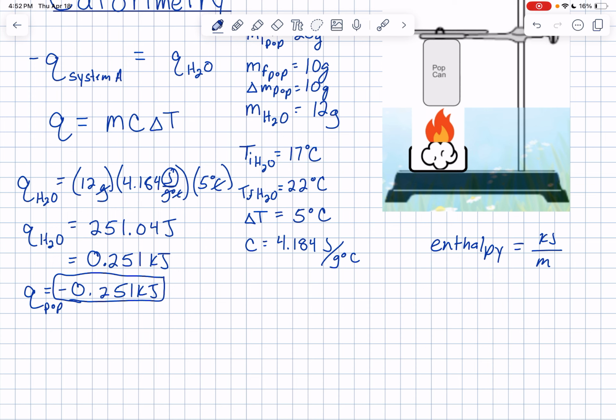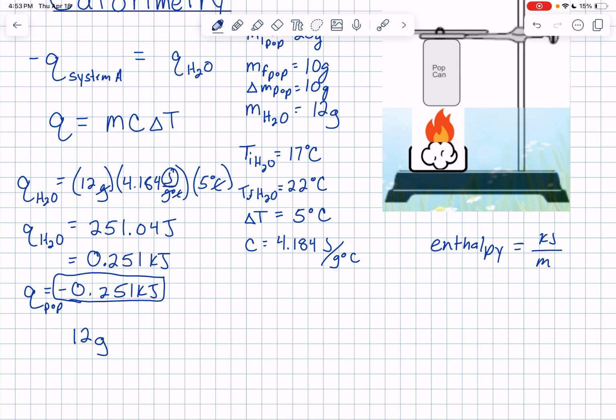However, I don't know the moles. But what I do know is that my popcorn had a mass of 12 grams. And so with this, I need to calculate the molar mass of my popcorn so that I can determine the amount of moles of popcorn.